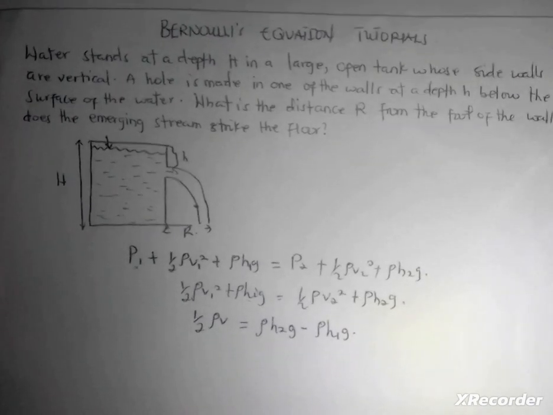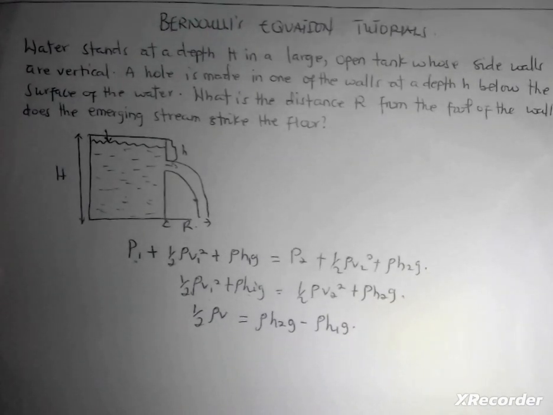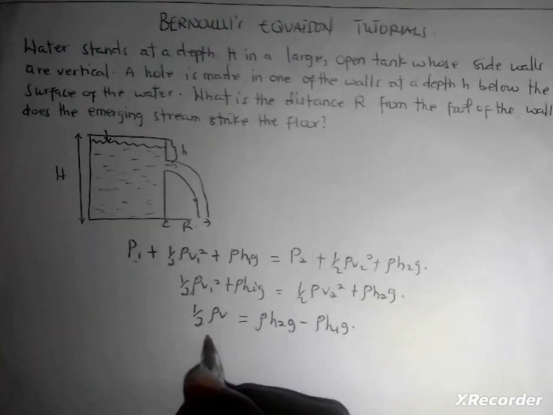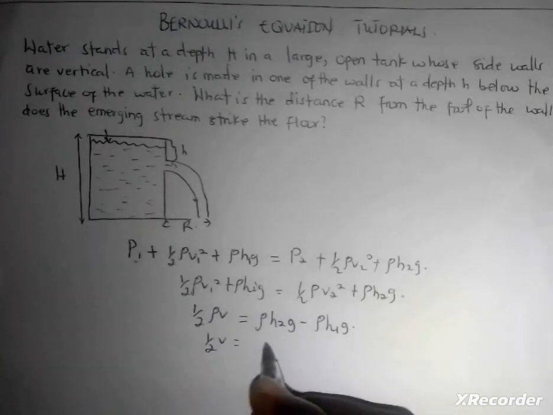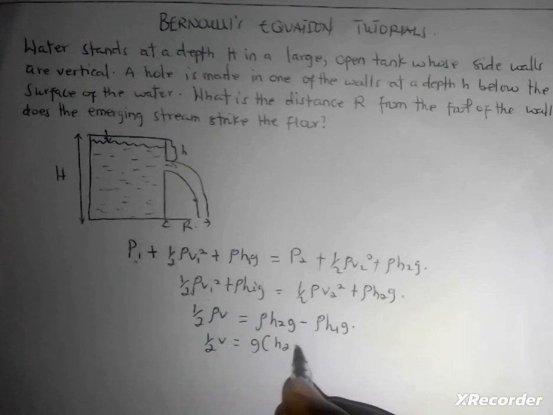At this point, what do I need? To find our range, we are interested in finding the horizontal velocity, and that is the velocity we need now. So the velocity with which the water is going to come out is what we are interested in. So at this point, I can take rho out because I'll factorize it out. So I'm going to get half V squared should give me g open brackets H2 minus H1, right there.